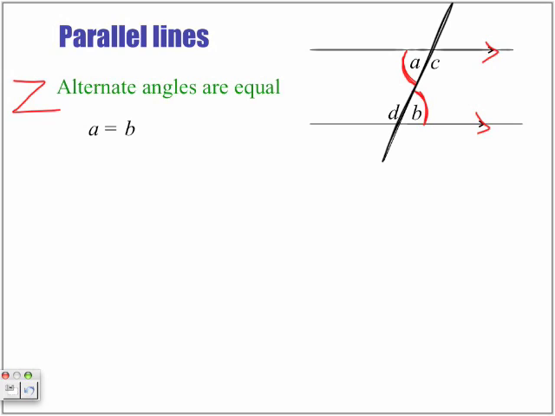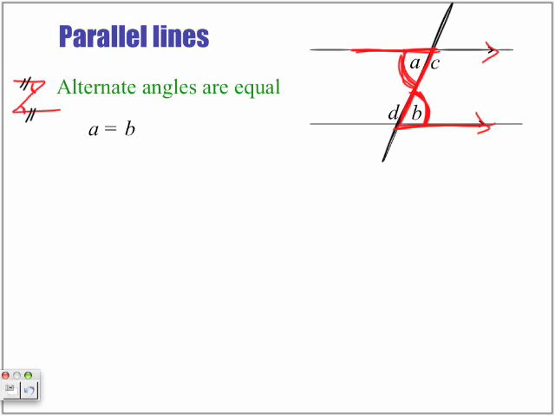okay, so what we have is this being parallel to that. We have this Z pattern, which means whatever this angle is going to equal that angle. So here is our Z pattern. So this angle equals that angle.